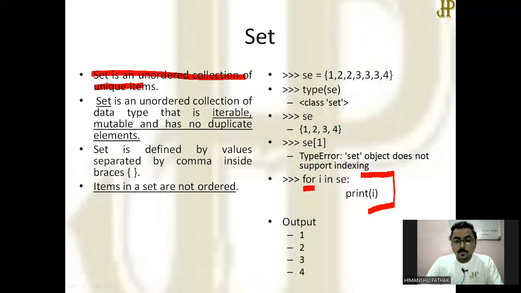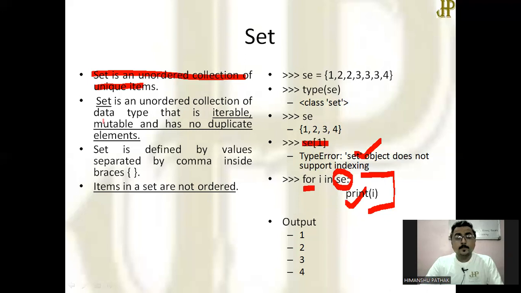So whenever the set is used, one by one, the value of set is transferred to variable I, and that value will be printed over here. You cannot use what? Indexing, because it is an unordered list. That's why here an error is displayed.